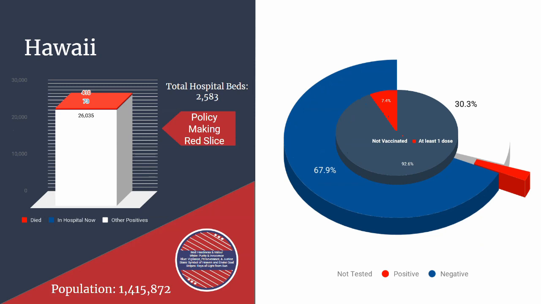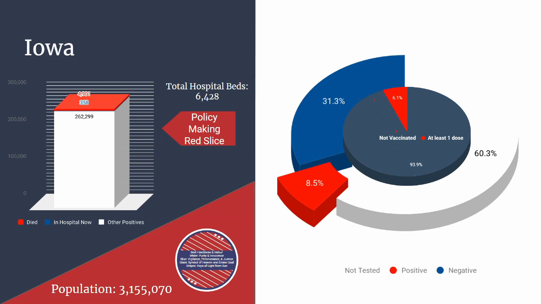Hawaii had 7.4% vaccinated, 67.9% of the population showed as negative, 30% positive test, 410 people died, 73 hospitalized, and 2,500 hospital beds.